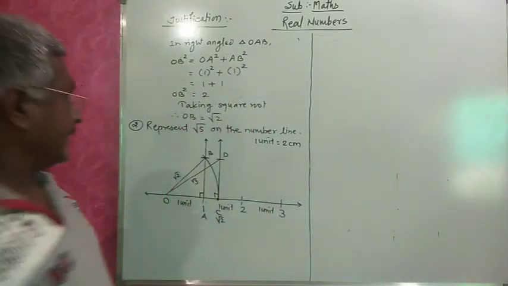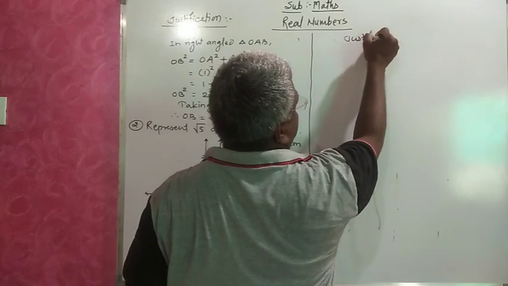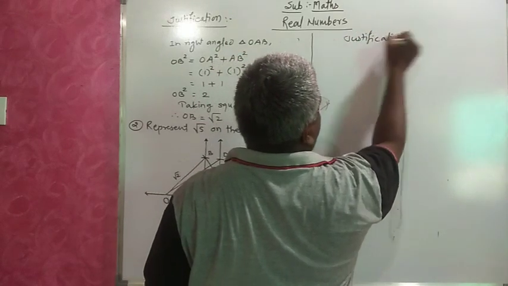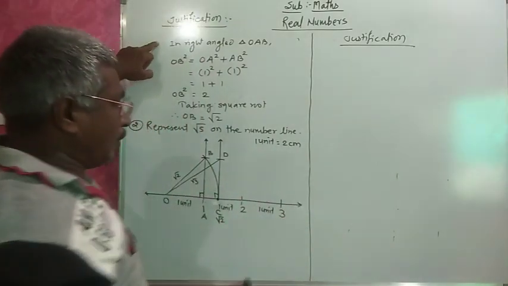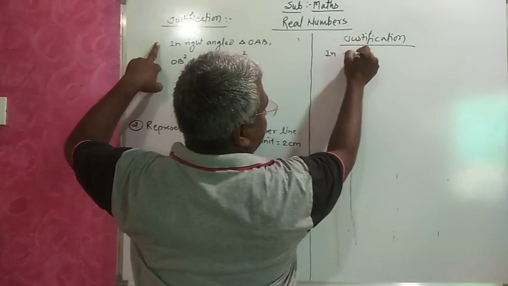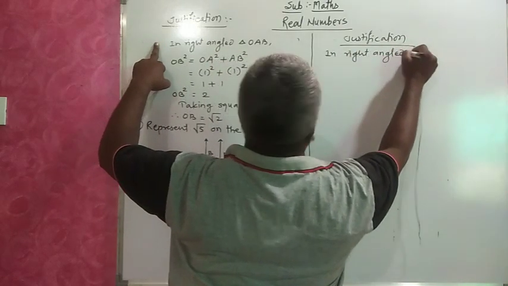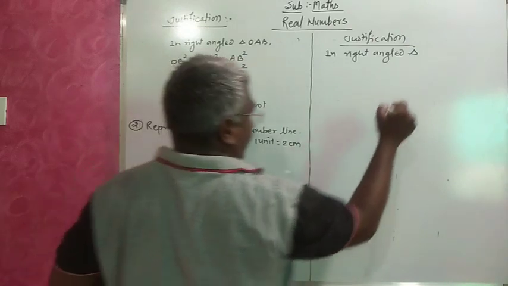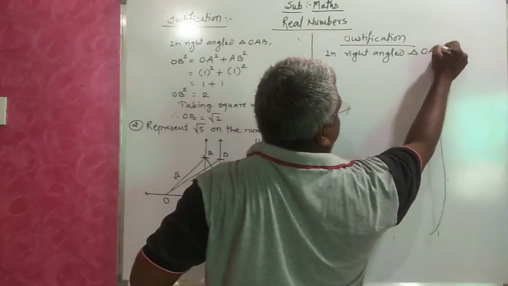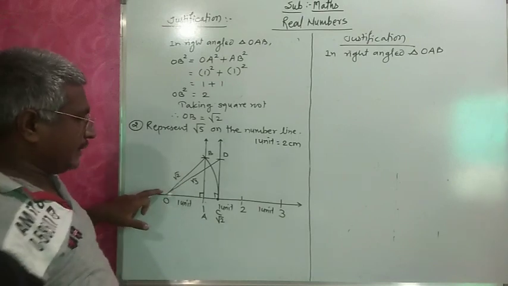So for justification, I will start from root 2. In right angle triangle, what is the name? OAB. So OAB means what is hypotenuse?